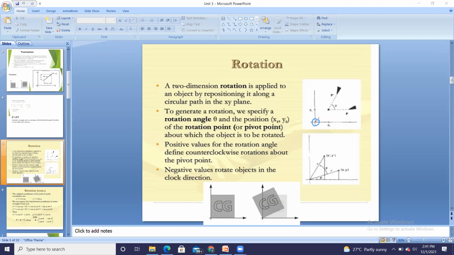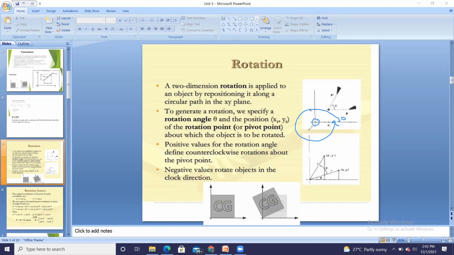The rotation takes place with respect to the origin. It starts rotating the object from 0 degree and can complete the rotation up to 360 degree. The minimum angle of rotation is 0 degree, which means no change, and it can rotate up to 360 degree. That is how the rotation takes place.